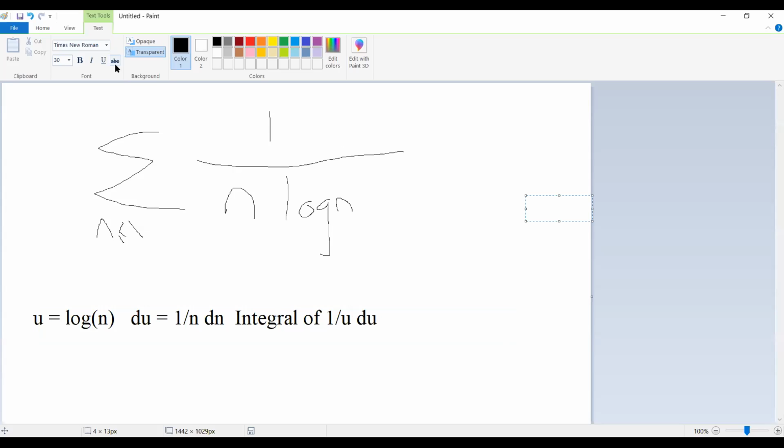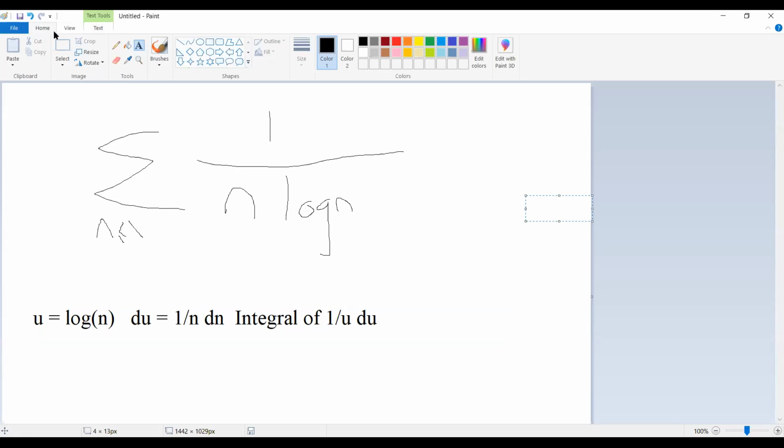What if instead of having log n, I instead have log n squared? That should converge. Right, that converges, and now we have a 2 over here. And so it converges.